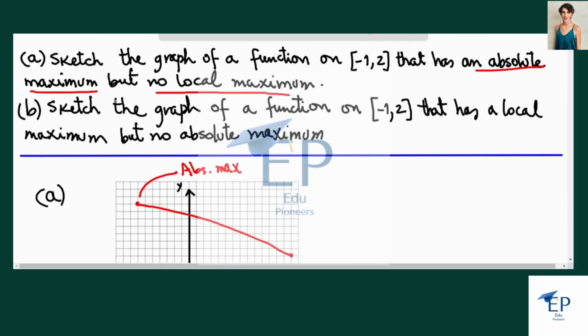But part B is a little more interesting because we have to do the inverse thing. That is, same domain, but now the function has a local maximum and no absolute maximum. The key thing to notice is that in both parts, there's no mention about continuity of the function or about the minimum or local minimum.